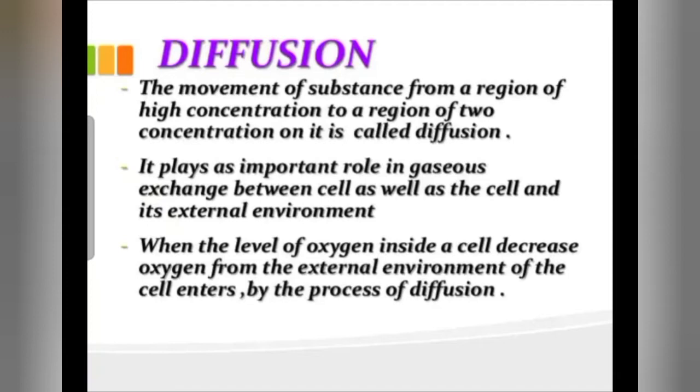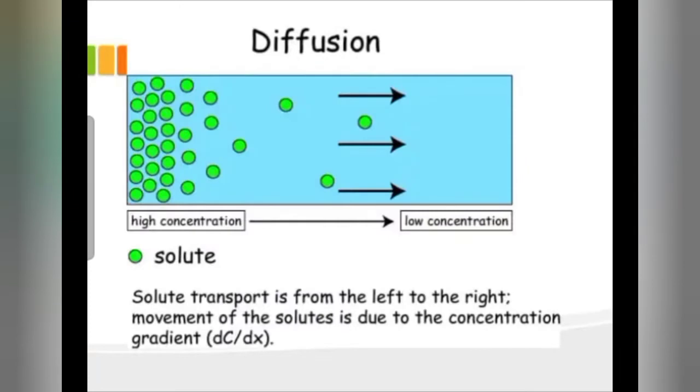When the level of oxygen inside a cell decreases, oxygen from the external environment of the cell enters by the process of diffusion. You can see the diffusion, and you can see the molecules moving from their high concentration to their low concentration.